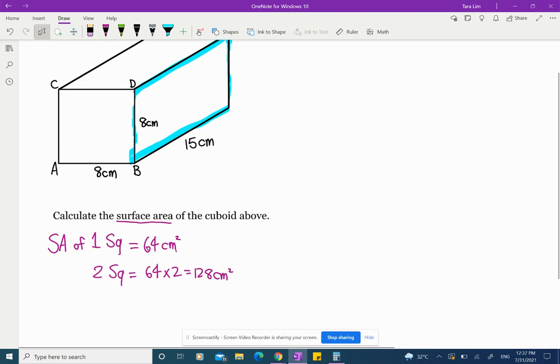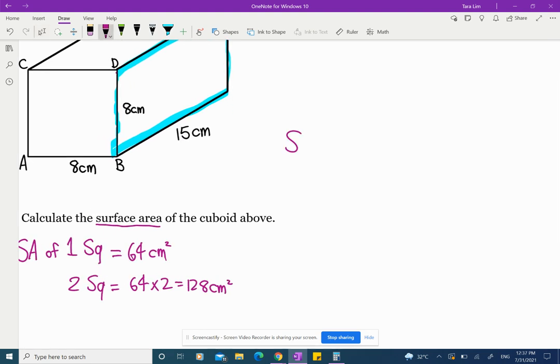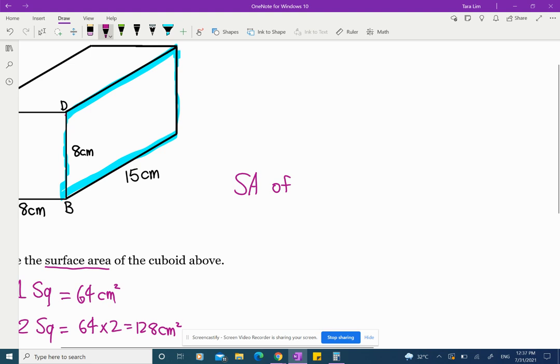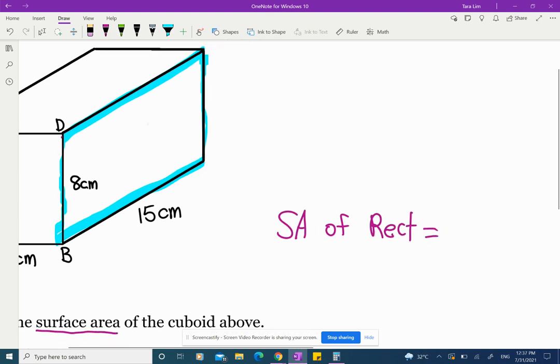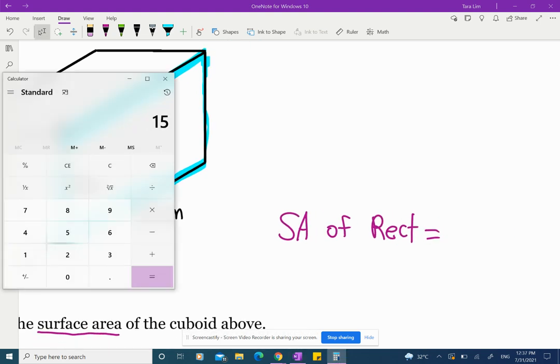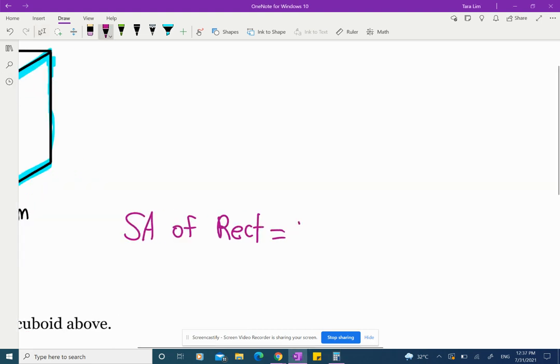So again, surface area, I write SA of this rectangle is equal to, now I have the length is 15 and the width is 8. So I calculate the area, which is 15 times 8, and that gives us 120.